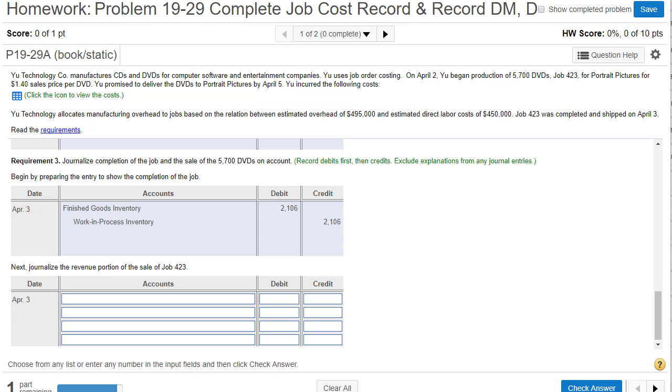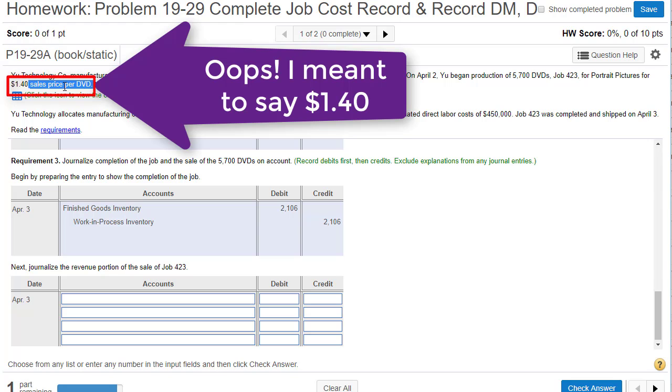Now, next, journalize the revenue portion of the sale. So we're going to sell these, and we sold them for $1.50 per DVD.